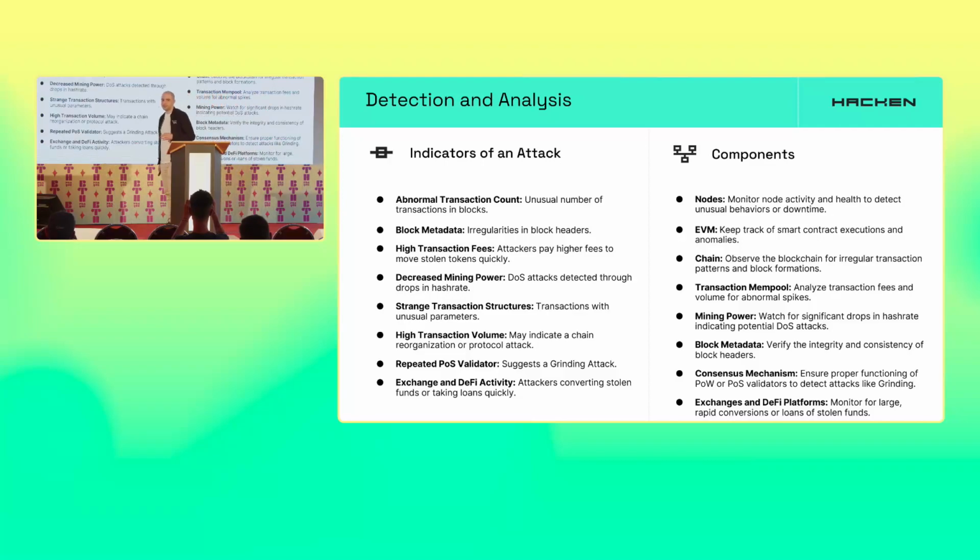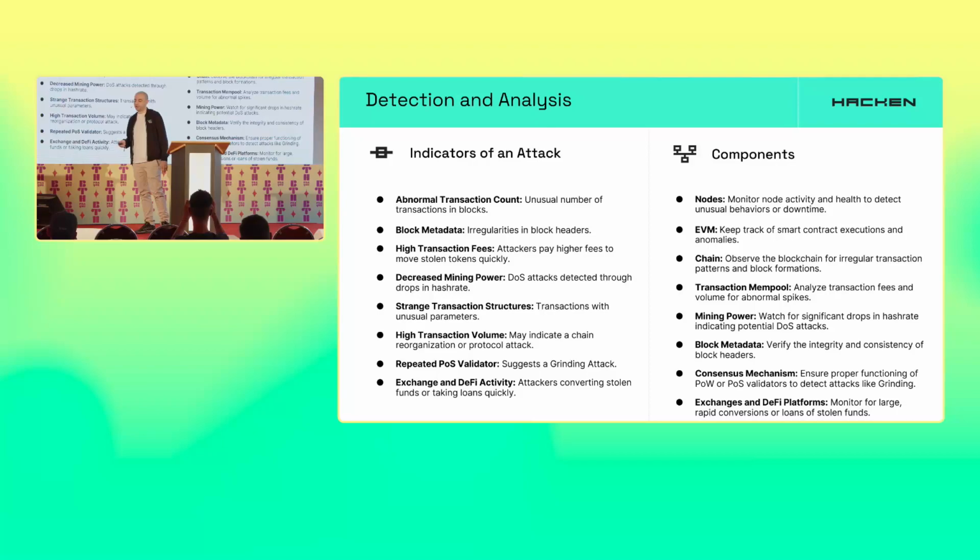If we have a transaction with a size bigger than the block itself, that's probably going to create a crash, unless the protocol is secure and validates these kinds of things. But if not, it's going to create a crash. So any weird transactions that are included in the protocol can also be an indicator.